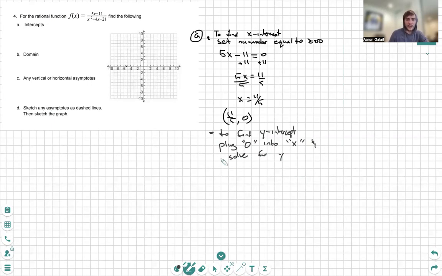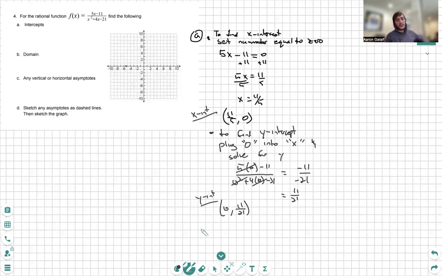Every time you see an x, we're going to plug in a 0, and write down what is left. As you can see, this will no longer matter. We'll simplify this as negative 11 over negative 21, which is just equal to 11 over 21. So our y-intercept is 0, 11 over 21. That's our x-intercept, and this is our y-intercept.